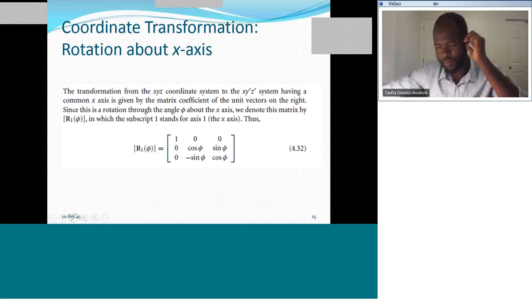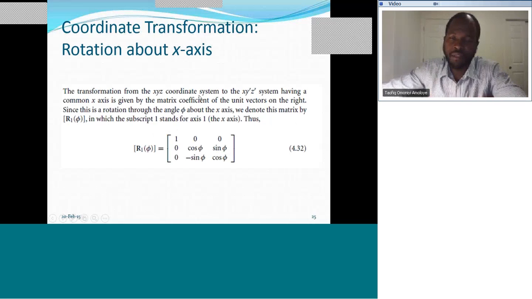But before we go on, we need to know that the transformation from the XYZ coordinate system to the X, Y prime, Z prime system having a common x-axis is given by the matrix coefficient of the unit vectors on the right.